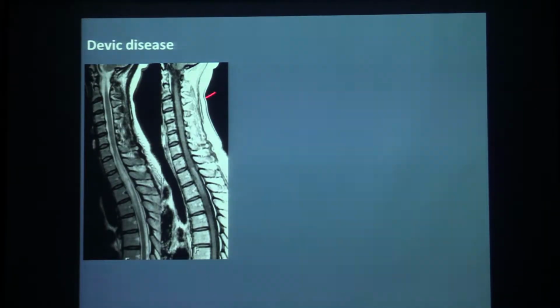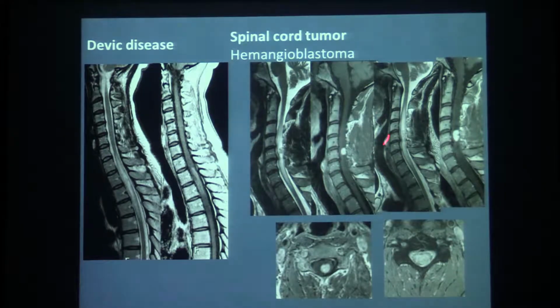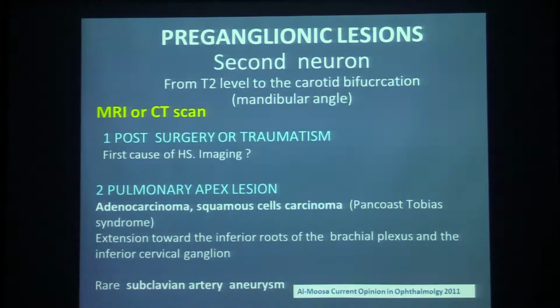It can be due to Devic disease, and in this case it's more the edema than the lesion itself that causes the Horner syndrome. It can be due to a spinal cord tumor, and I chose to show you this hemangioblastoma because you see the lesion is very small, but the edema is extensive, and so can provoke lesions at several levels of the spinal cord, and of course anything that you can imagine that can hurt the spinal cord.